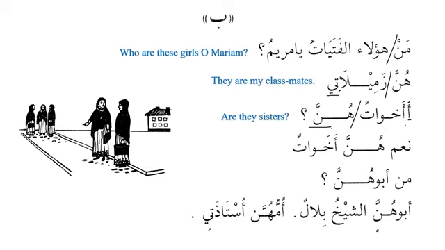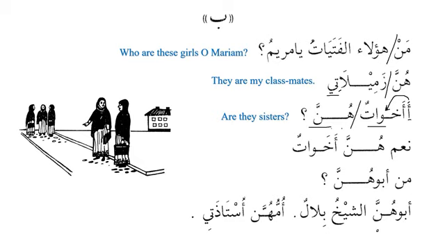It is also possible to say ahunna akhawatun, but generally, with Hamzatul Istifham, an indefinite noun is used. This is not a rule, but generally when we have Hamzatul Istifham, after that we have an indefinite noun, and after that we have the definite noun.